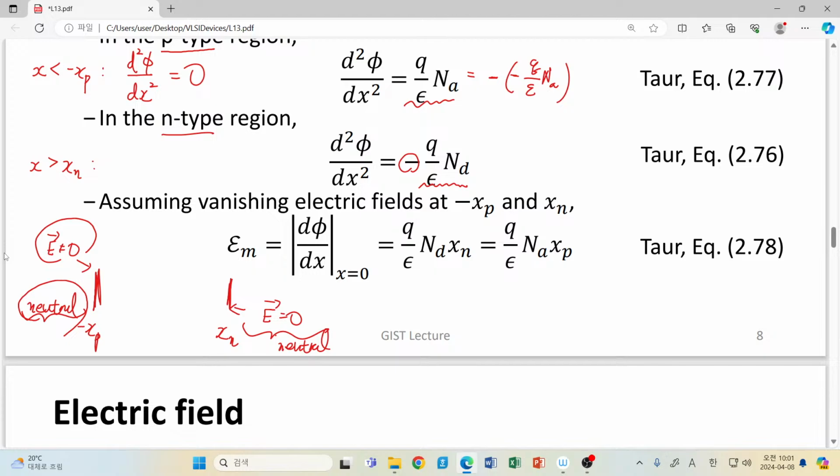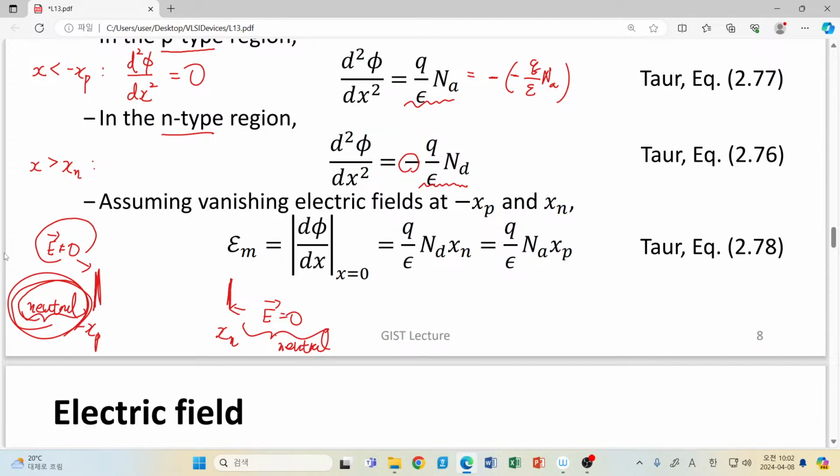So please try to understand the Poisson equation. Simply speaking, the gradient of the electric field is related to the net charge density. Therefore, if we have a perfectly neutral region, then we have no knob to change the electric field.